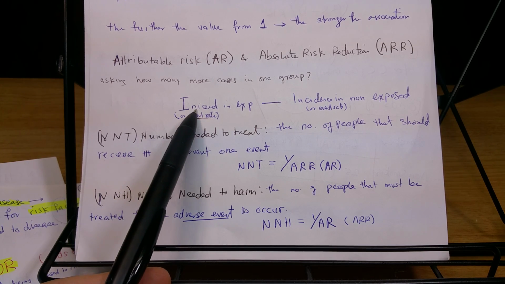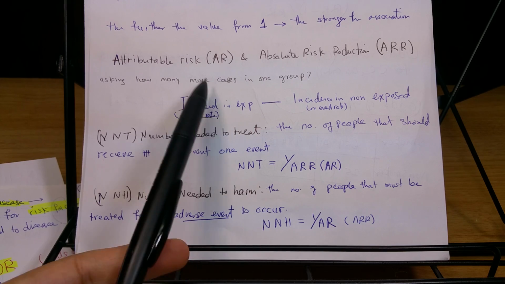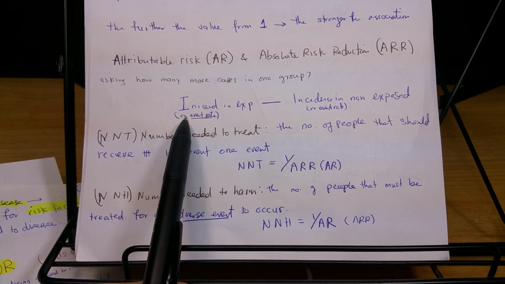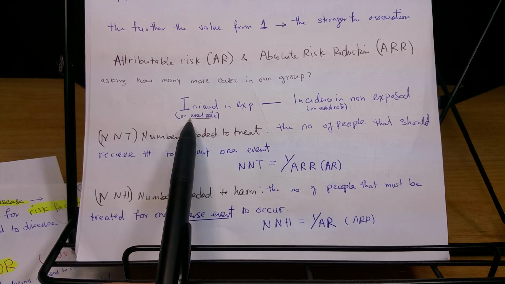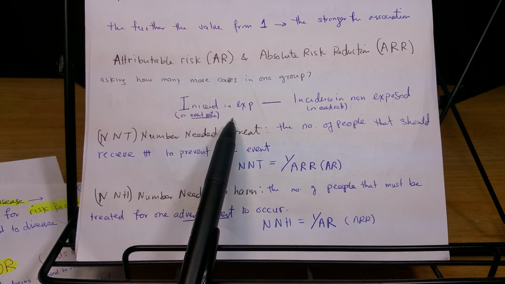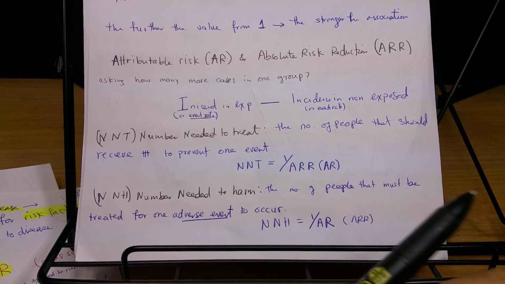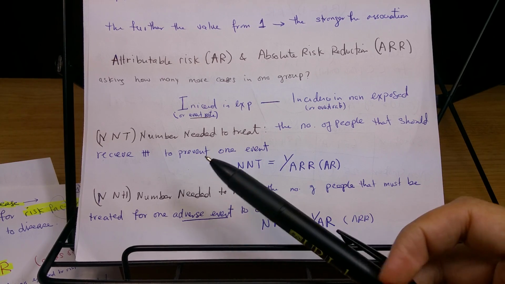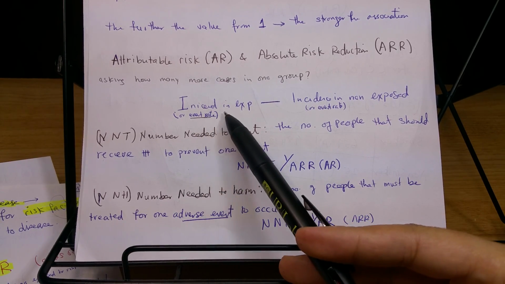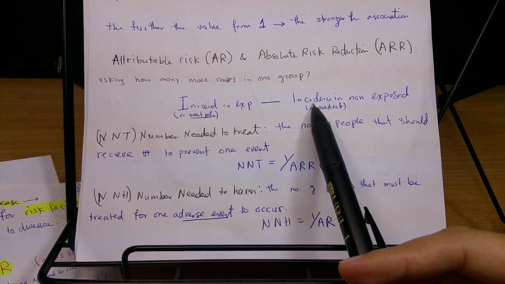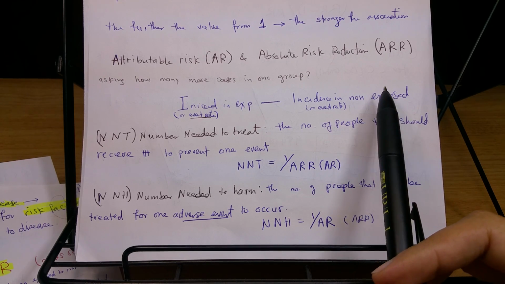It's the incidence in exposed, or the event rate in exposed, which I memorized as the incidence in exposed, minus the incidence or event rate in non-exposed.